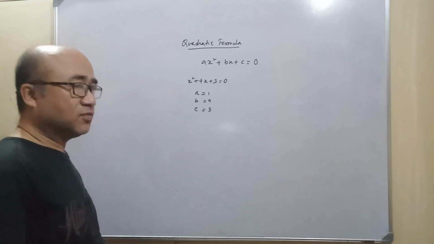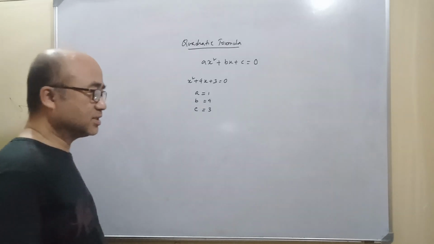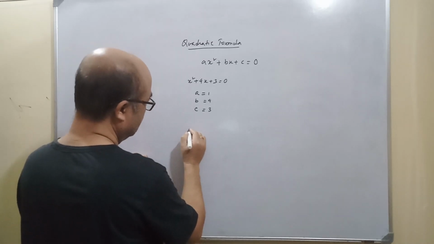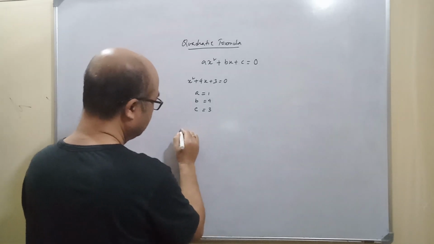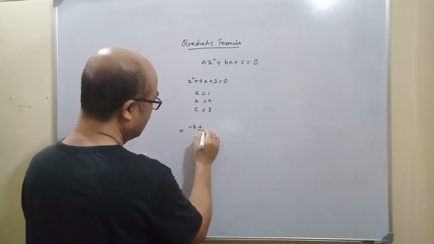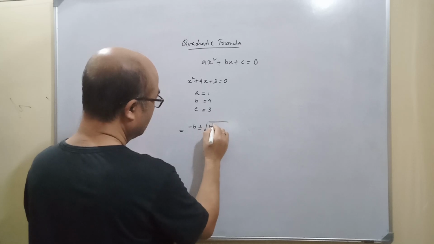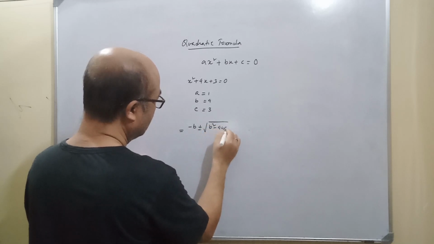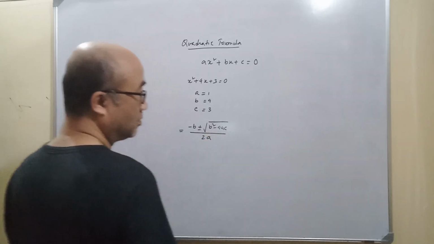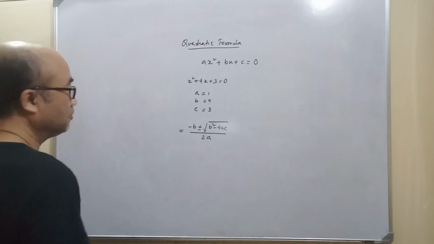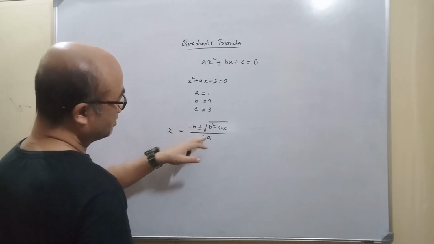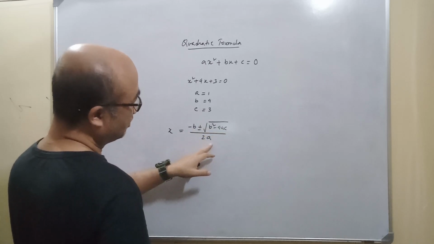So the quadratic formula is very simple. The quadratic formula is that x is equal to minus b plus minus square root of b square minus 4ac, by twice a.